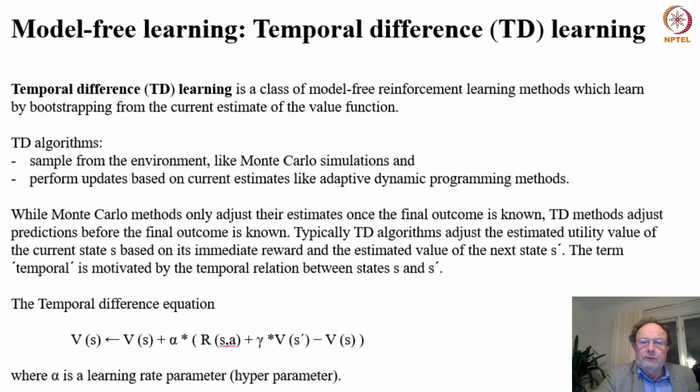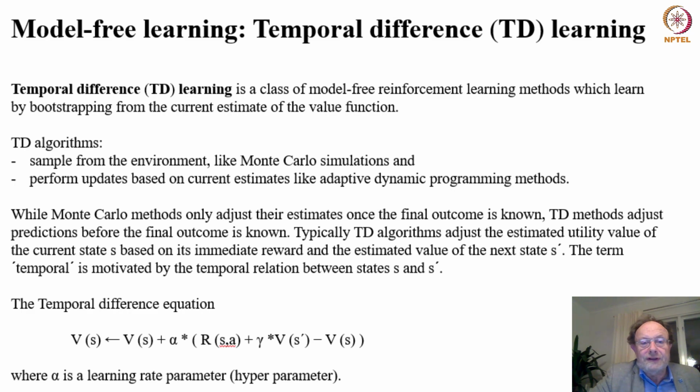The last thing we will do in this part is to look at another form of model-free learning, called temporal difference learning, or TD. It's a class of model-free reinforcement learning methods which learn by bootstrapping from the current estimate of the value function.